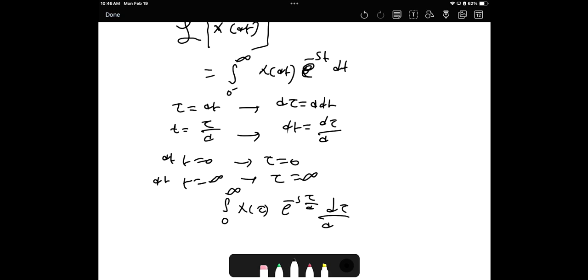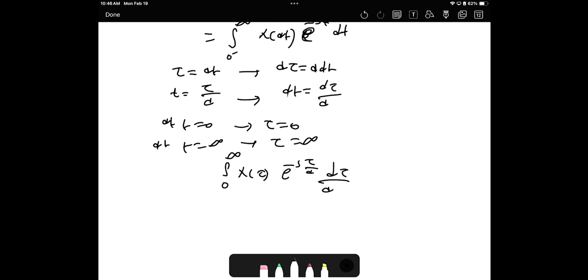That's the integral. So we will put 1 over a outside the integral: 1 over a, the integral 0 to infinity x of tau e power negative (s over a) tau d tau.